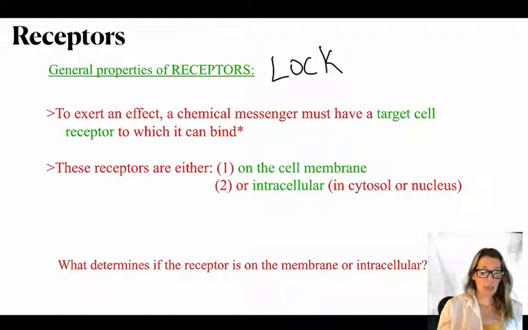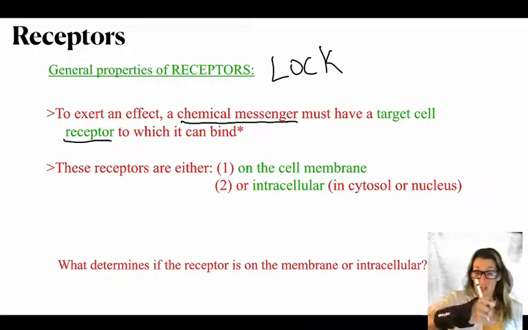So a chemical messenger, in order to exert an effect, in order to do anything, there has to be a receptor on its target cell. In order for that key to do anything, there has to be the correct receptor on its target cell. So, key in the lock analogy again.